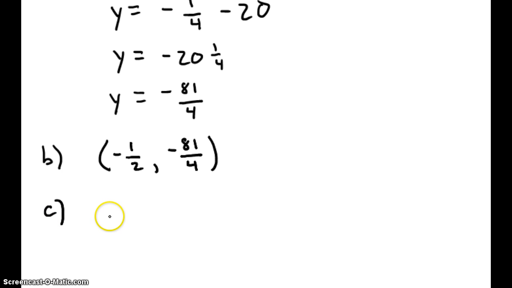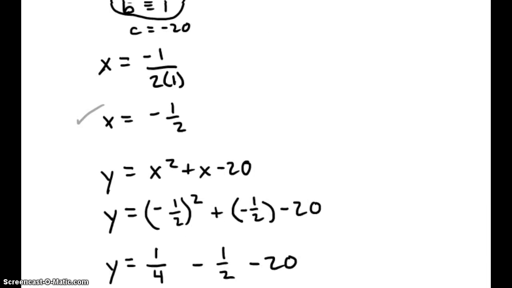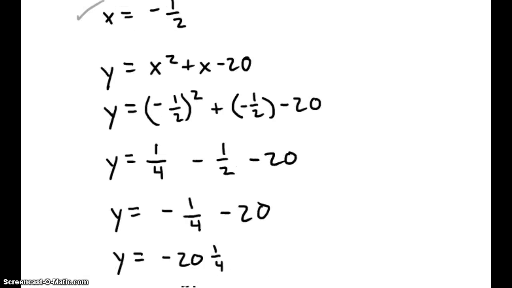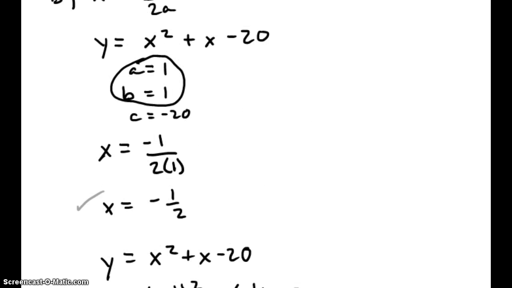Part C is asking us to find the discriminant. The discriminant is, and let me write this as an equation, D for discriminant equals b squared minus 4ac. So D is equal to, and if I go back up here, first thing I would need to do is put in standard form. I've already done that, and then figure out what A, B, and C are.